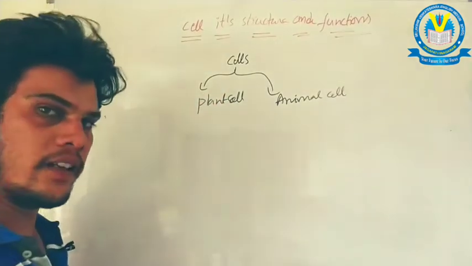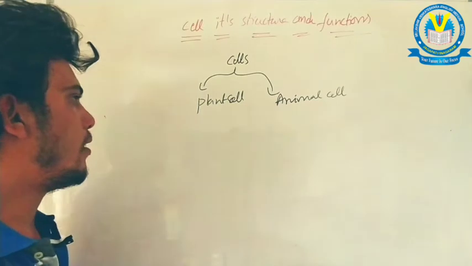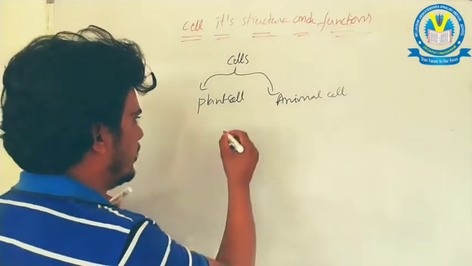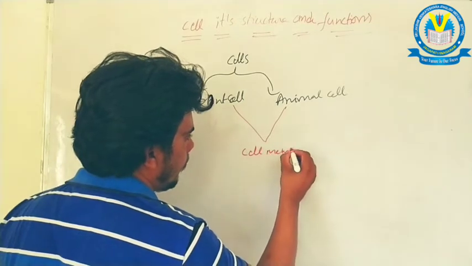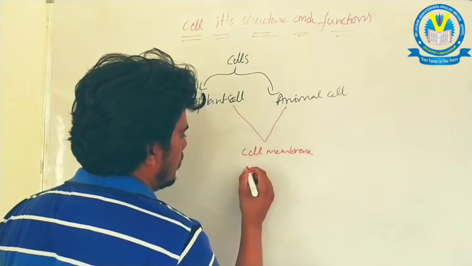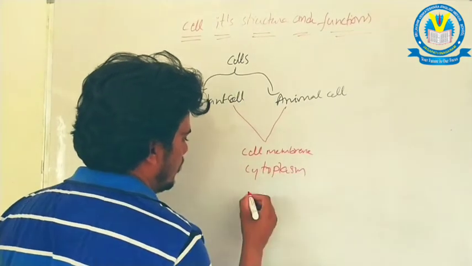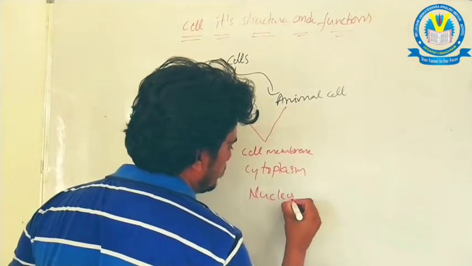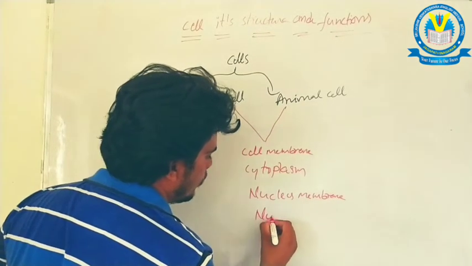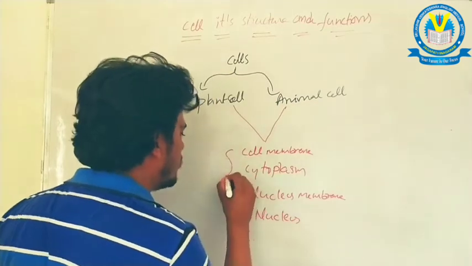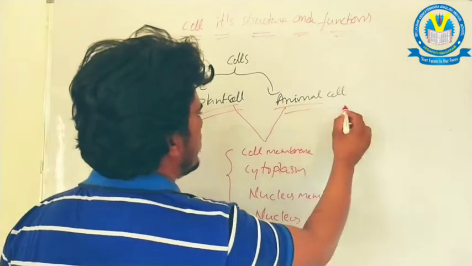This plant cell and animal cell commonly have four major parts, that are cell membrane, cytoplasm, nucleus membrane and nucleus. So these four major parts are common in plant cells as well as animal cells.